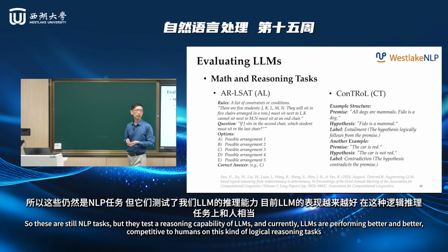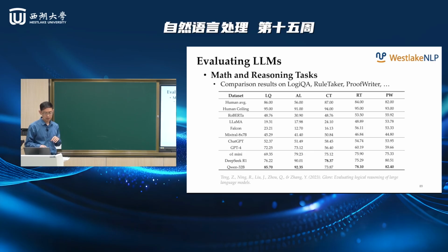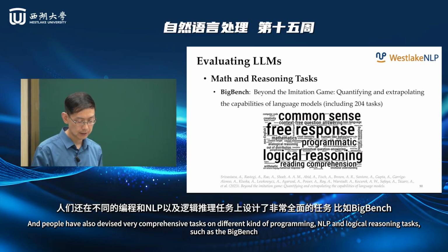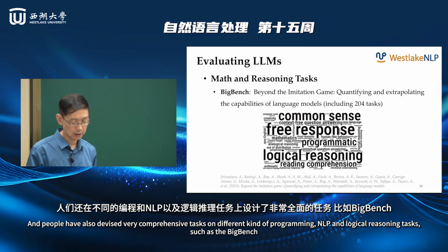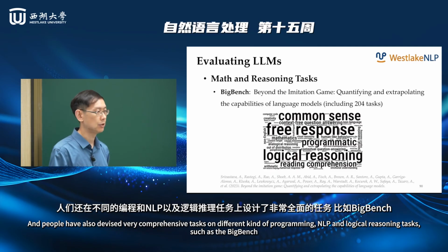So these are still NLP tasks, but they test the reasoning capability of LLMs. And currently, LLMs are performing better and better, competitive with humans on this kind of logical reasoning task. And people have also devised very comprehensive benchmarks on different kinds of programming, NLP, and logical reasoning tasks, such as the Big Bench.